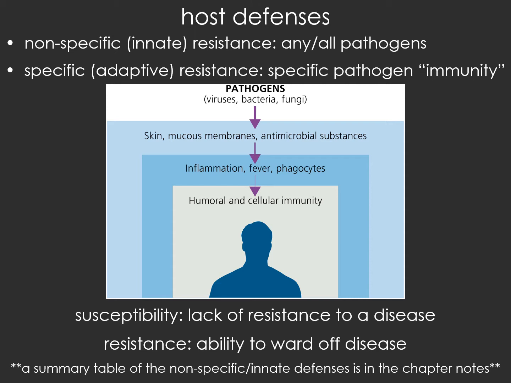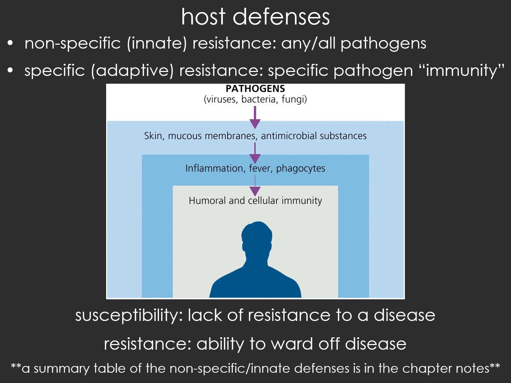Those defenses, which we will cover in Chapter 16, are contrasted with the immune system, which is a specific adaptive response to a particular pathogen. So in Chapter 17, we're going to be talking about the specific adaptive resistance of the body to particular pathogens. And when we talk about that, we're actually talking about the immune system.